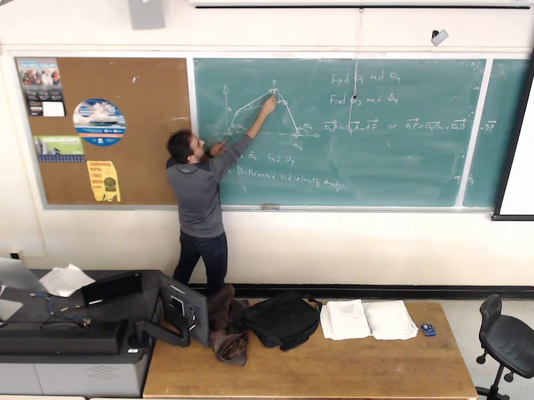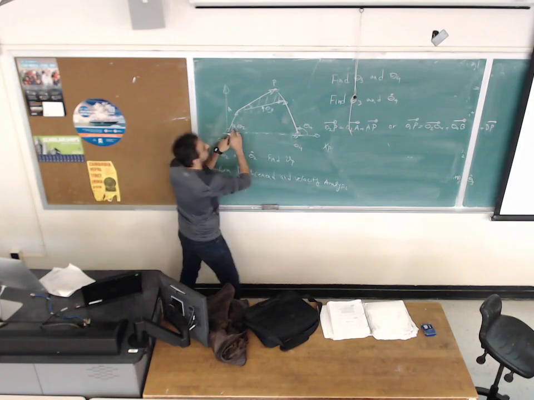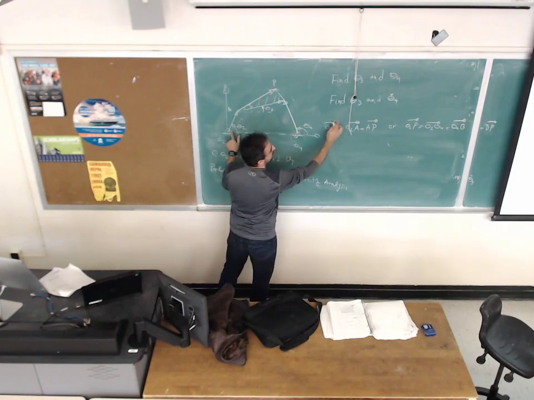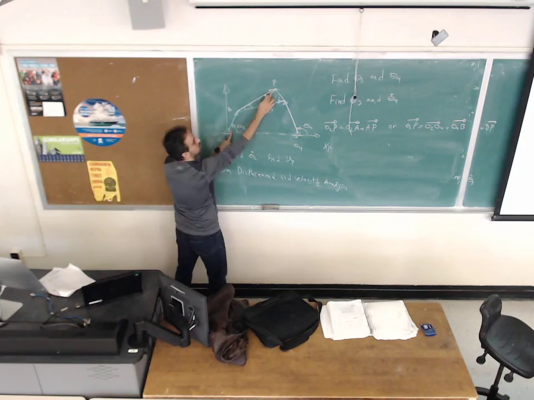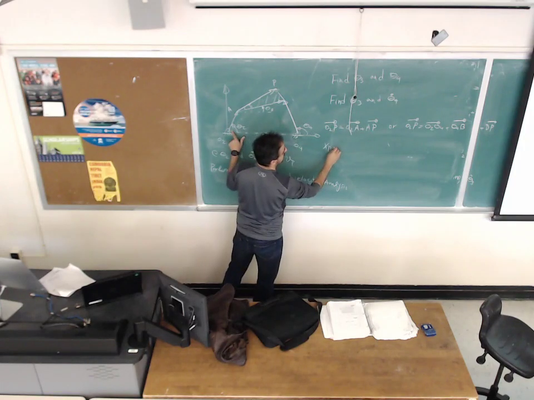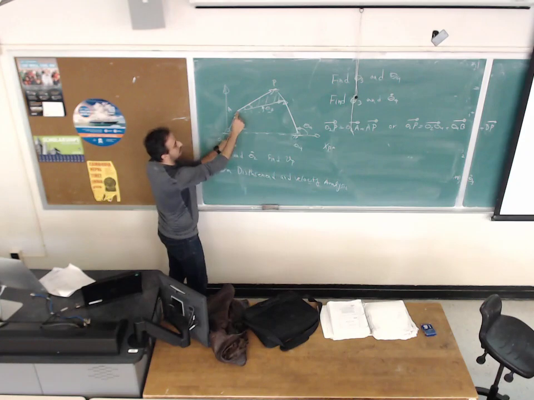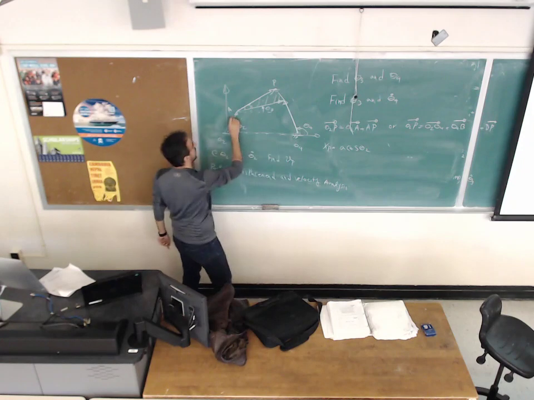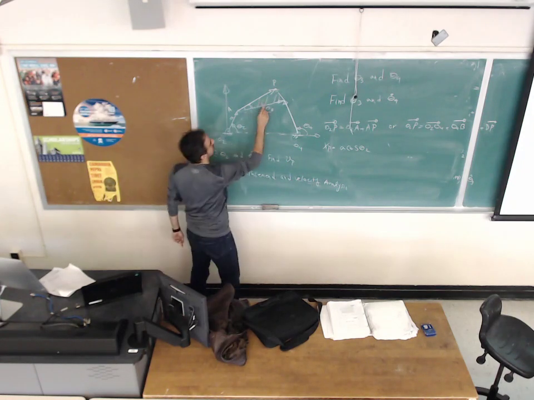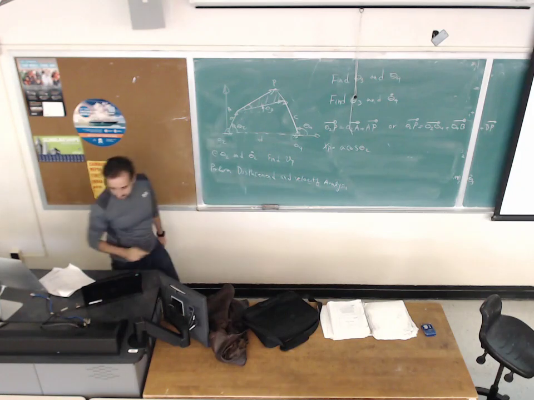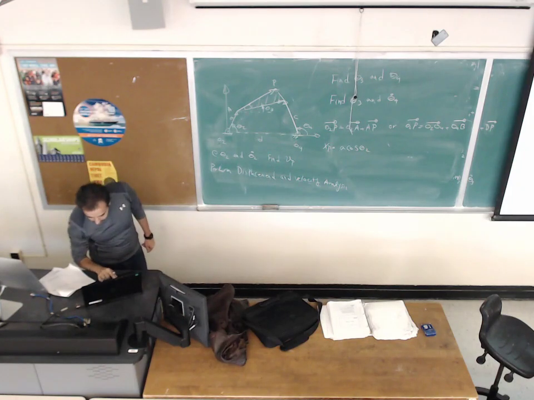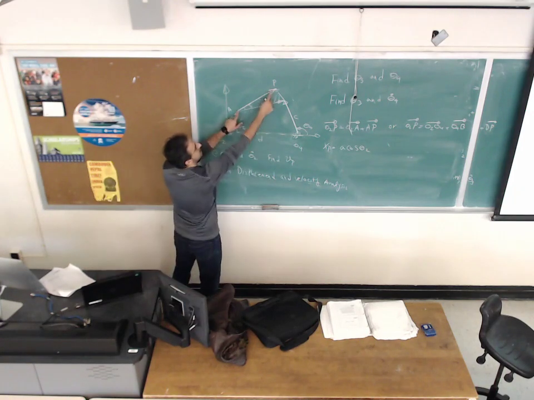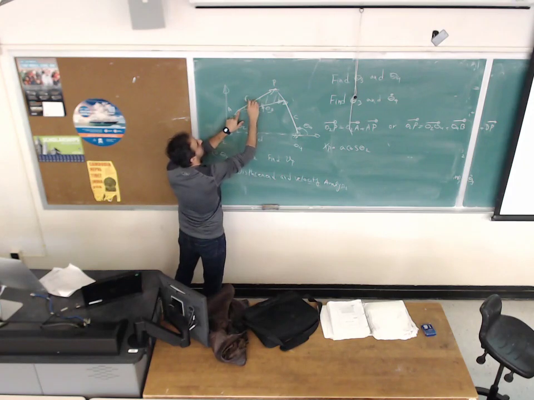So x component of point P would be the x component of vector O to P. This is the vector O to P, so x component of this is going to be this. Right hand side would be the x component of O to A, which is A cosine of theta 2. This is A, this is B, this is C. This length is RAP.